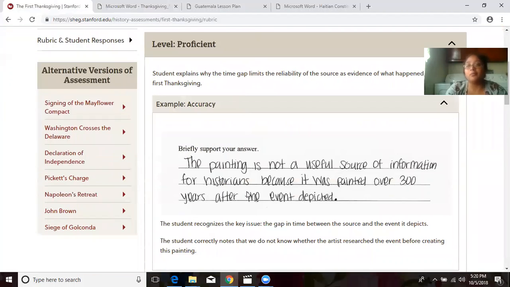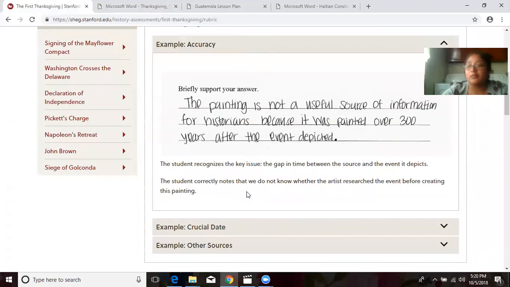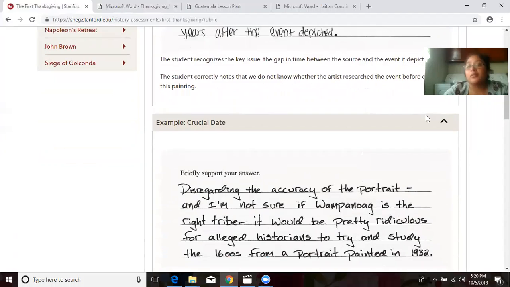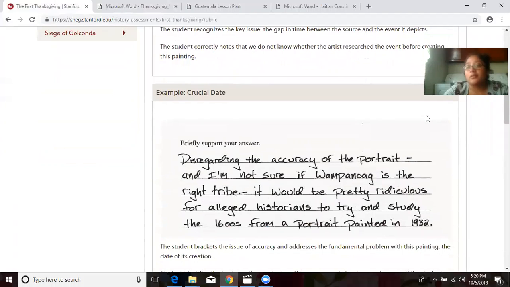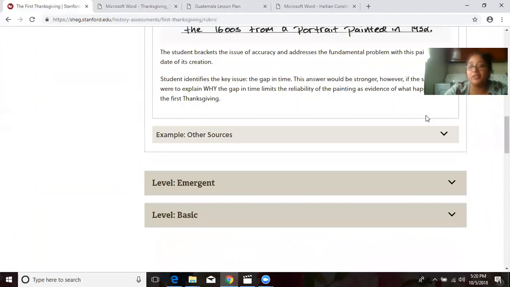An example of what a proficient answer looks like for this type of question. This is a crucial date.